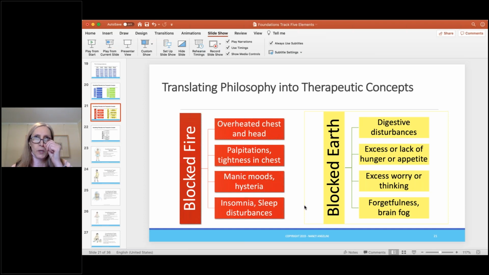When you have blocked wood, they don't have the crazy appetite things. They eat regularly and they don't have any attachment or weirdness with food. Blocked earth, they have all kinds of eating disorders, whether it's anorexia, bulimia, or using laxatives. They're just so uncomfortable in this part of their life. So that's very much blocked earth.